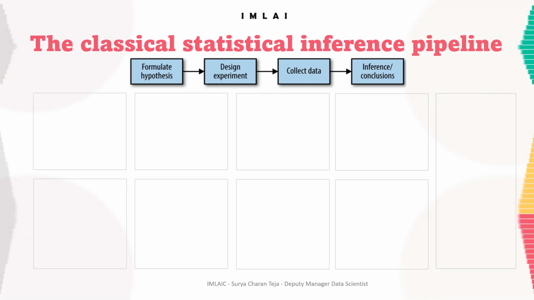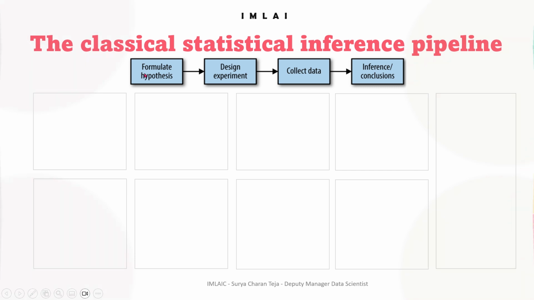It also covers some oft-cited concepts in statistical inference and explains their meaning and relevance to data science. Whenever you see references to statistical significance, t-tests or p-values, it's typically in the context of the classical statistical inference pipeline.